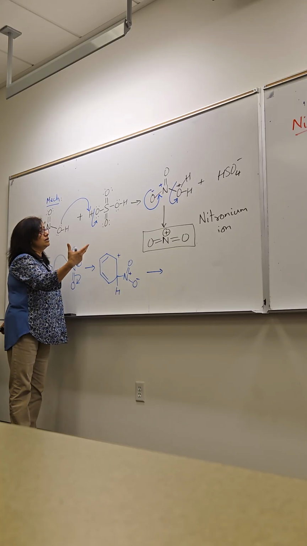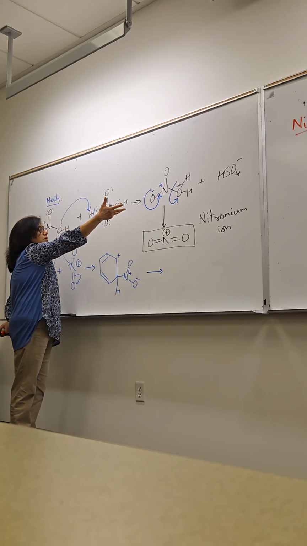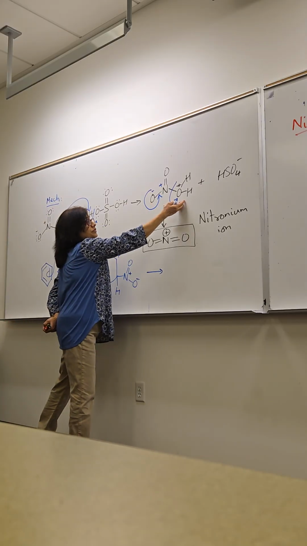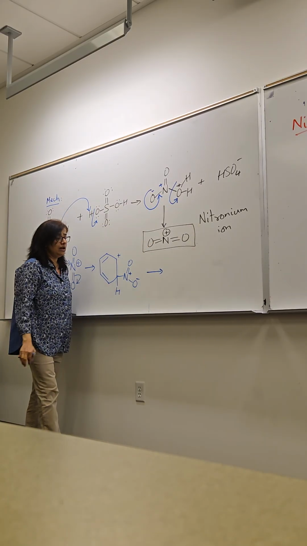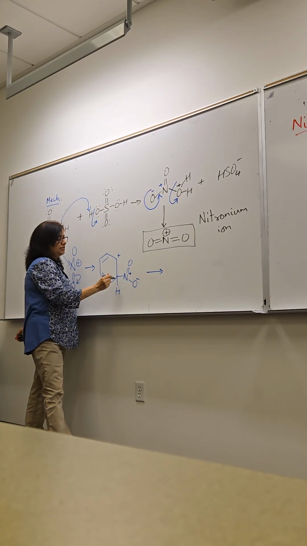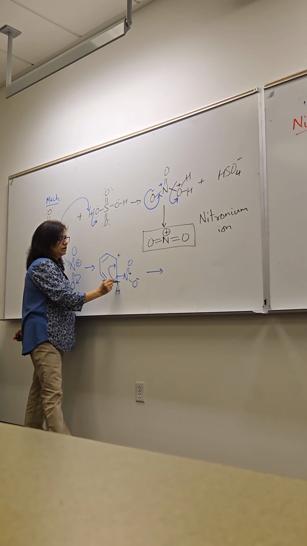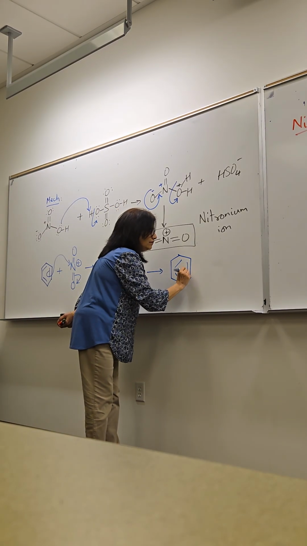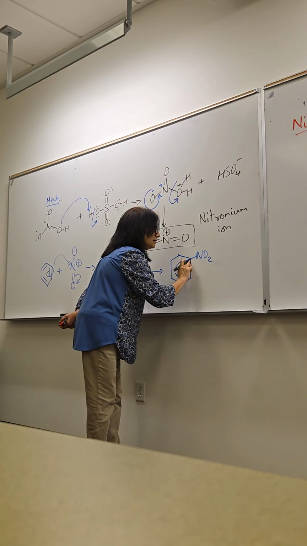So again, who's taking the proton? And there's so many options here. It can be bisulfate, it could be water if there's a little water around. Well, there is water around because we did kick out water as well. So something is going to come in and take a proton and recreate aromaticity and give us nitrobenzene.